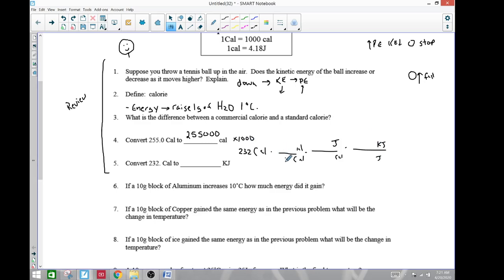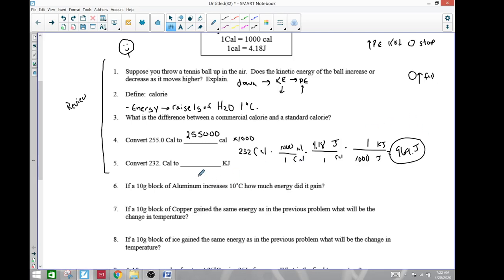This is 1 to 1,000. This is 1 to 4.18. This is 1 to 1,000, equals. All right, grab your calculator here. The thousands will cancel, so it's really just going to be 232 times 4.18, and there we go, 969. 969 joules.